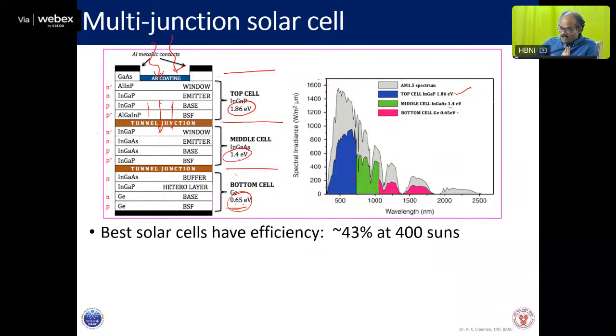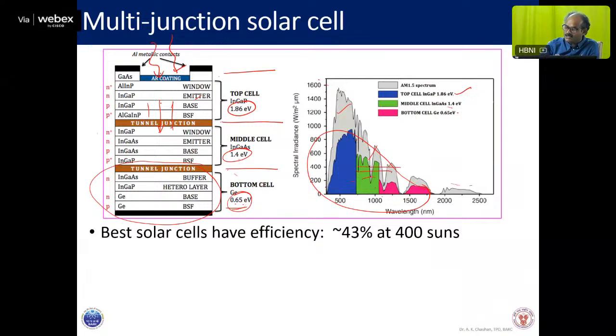Now can someone answer me a question? If I use only a germanium solar cell and pass this entire spectrum, will it not absorb the entire spectrum? If it will absorb this entire spectrum, then my absorption problem is solved. Then why do I need three different layers? My problem was that the first cell was not able to absorb any spectrum above this range.